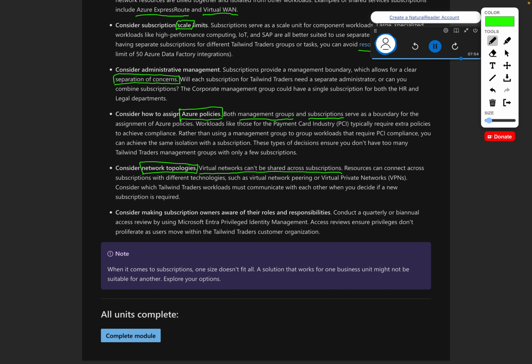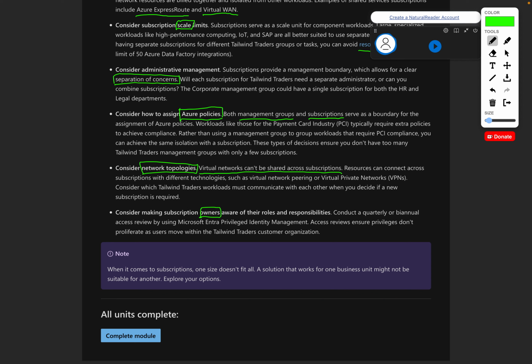Consider making subscription owners aware of their roles and responsibilities. Conduct a quarterly or biannual access review by using Microsoft Entra Privileged Identity Management. Access reviews ensure privileges don't proliferate as users move within the Tailwind Traders customer organization. So having multiple subscriptions means that each subscription can be administrated differently.